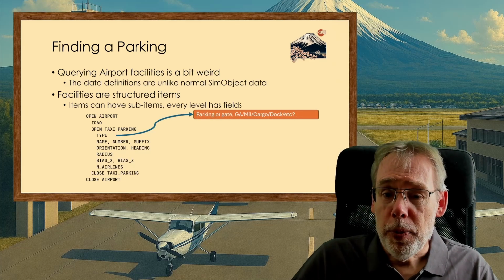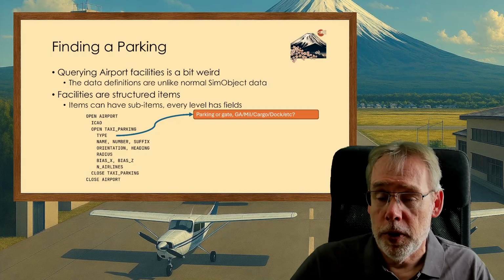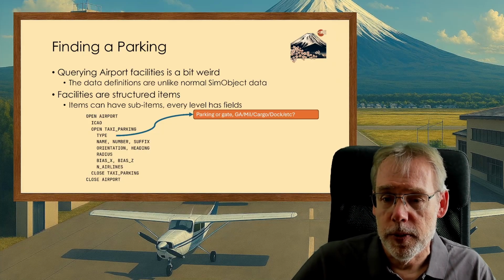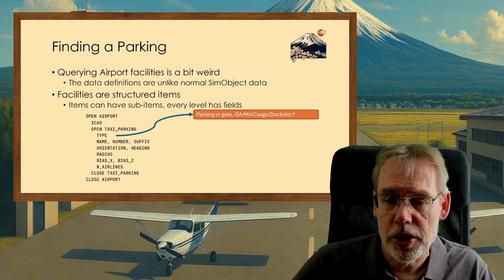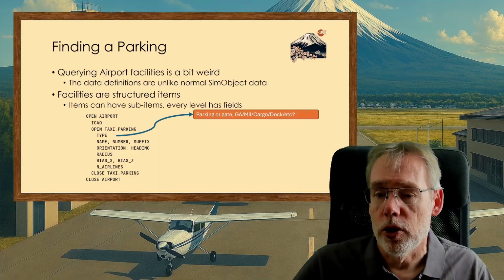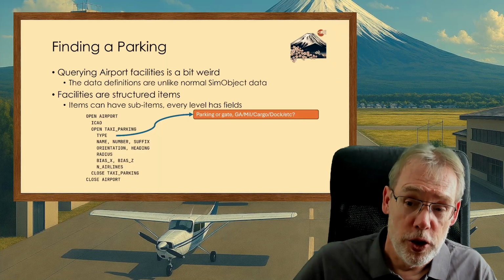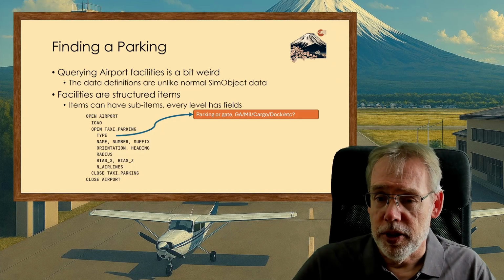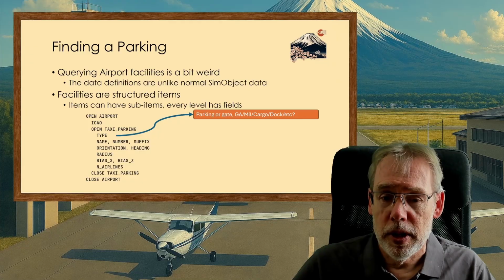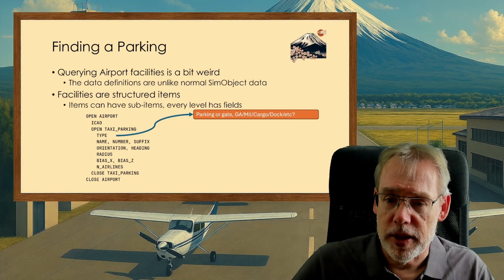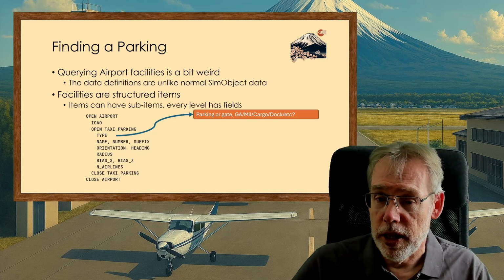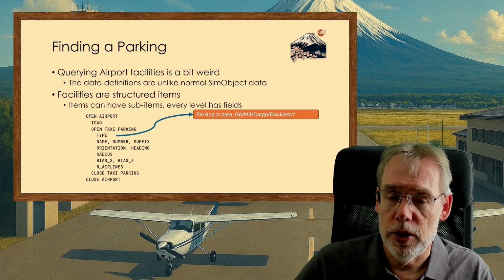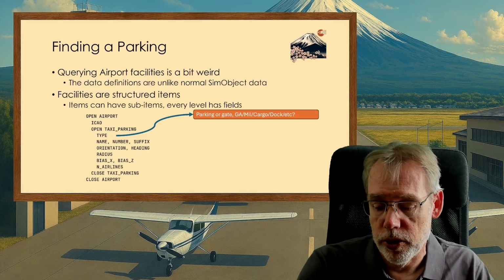Here, the type specifies whether it's a parking or a gate, whether it's for general aviation or military or cargo or a dock. There are several different types, and there are even a number of military variations. You have to look into the documentation to find out all those.